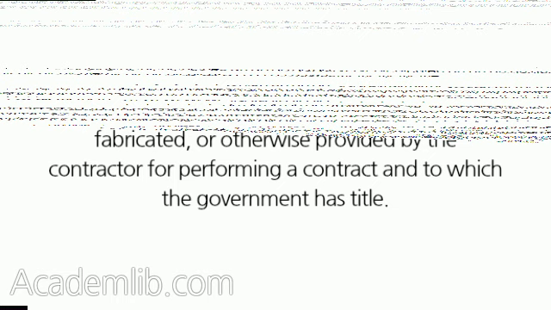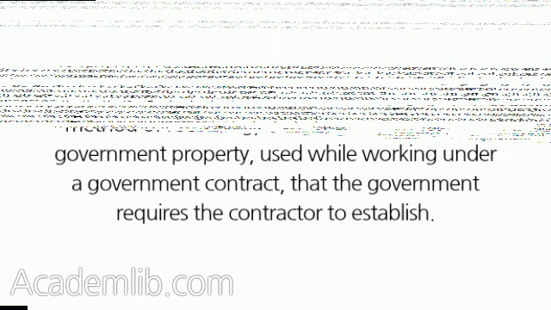Contractor-acquired property is property acquired, fabricated, or otherwise provided by the contractor for performing a contract and to which the government has title. A contractor's property management system is a method of recording, identifying, and marking government property, used while working under a government contract, that the government requires the contractor to establish.